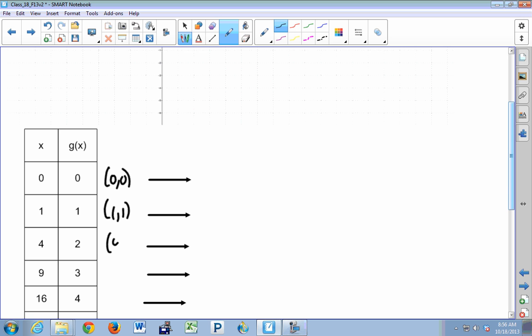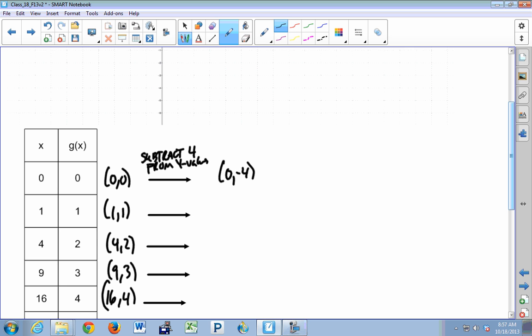And I know I'm going to subtract 4 from all of my y values. So you can just write it right here. Here's your transformation. You can say subtract 4 from y values, right? And then you can create your new points. 0, -4, 1, -3, 4, -2, 9, -1, and 16, 0.